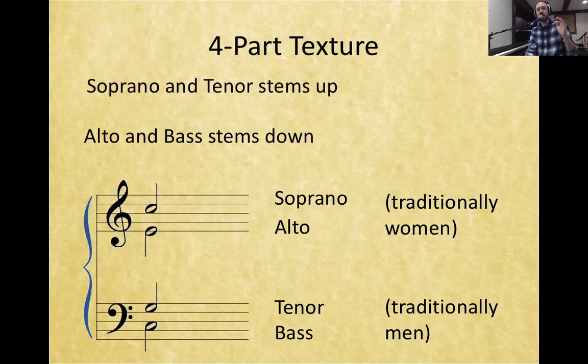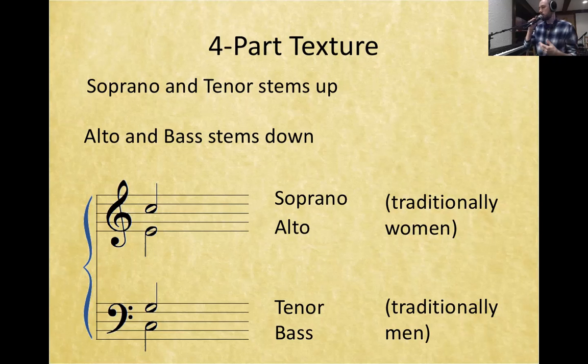So the tenor and the soprano voices, always in this context, are stemmed upwards. Soprano and tenor always have the stems going upwards. Alto and bass always have the stems going downwards.